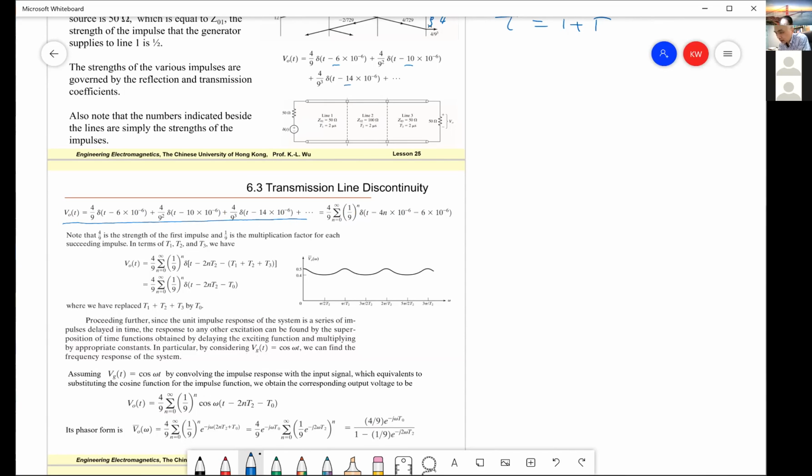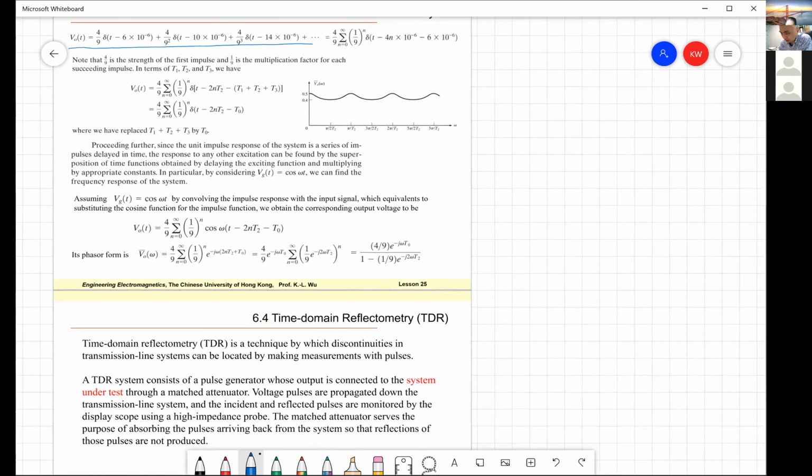We can write it as a geometric sequence summation, but this is not really a geometric sequence because we have a time delay. We have a delta function. If we only look at the magnitudes, this is a geometric sequence, but now this is just an infinitely long sequence composed of delta functions.